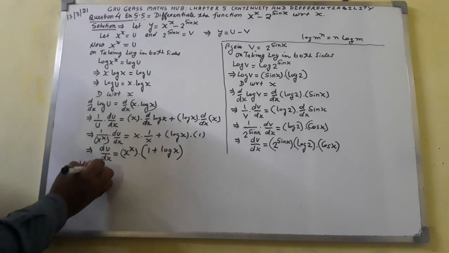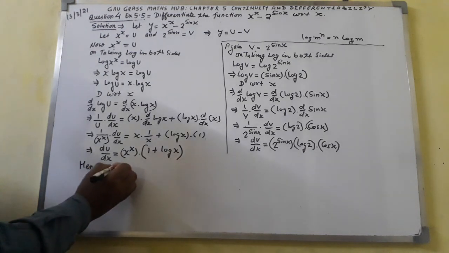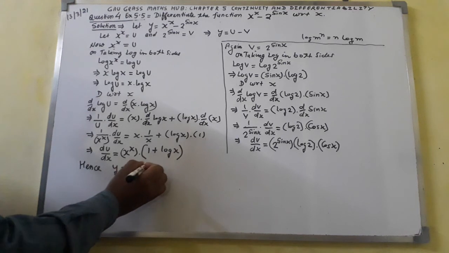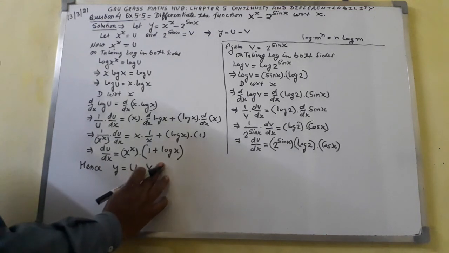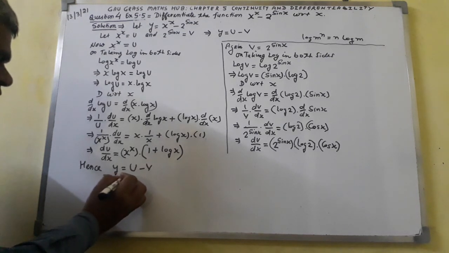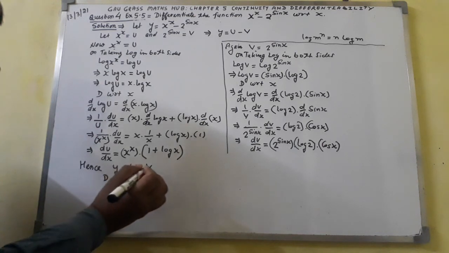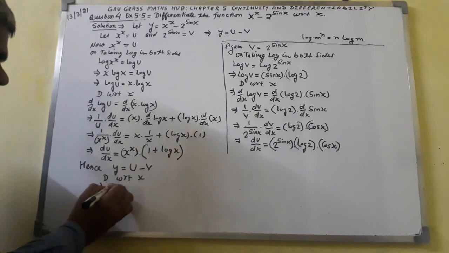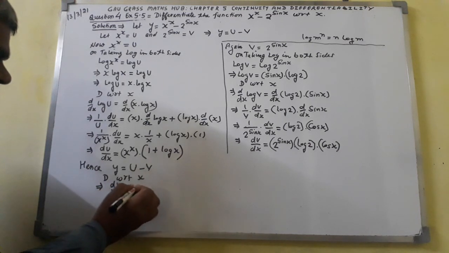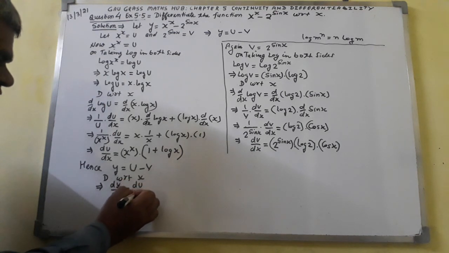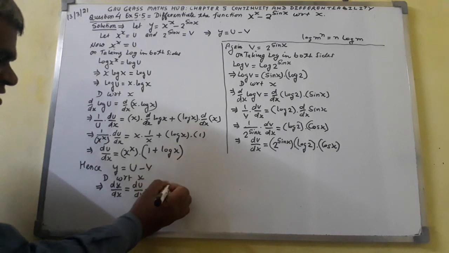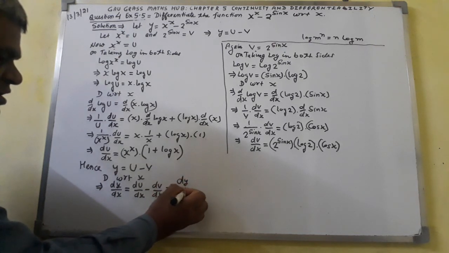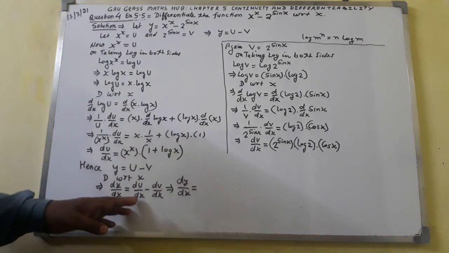Hence, y equal to u minus v implied that, differentiating with respect to x, we shall get dy over dx equal to du over dx minus dv over dx, implied that dy over dx equal to du over dx.